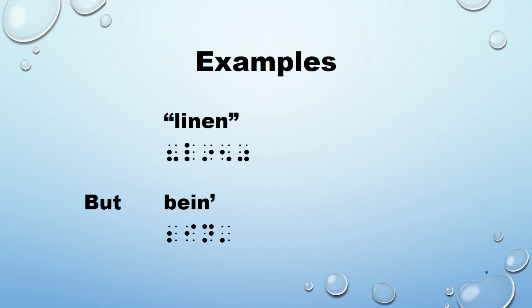But since we have an upper sign in the letter L, since letter L is an upper sign, it has that one there, together with dots 2 and 3. So it is an upper sign braille symbol.